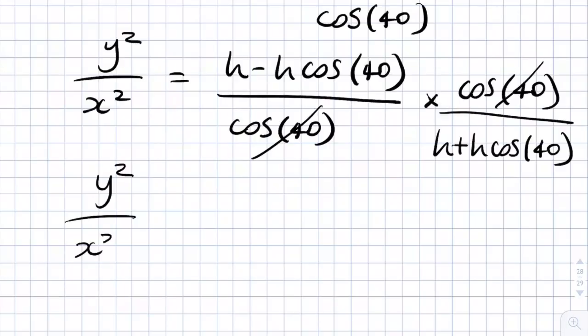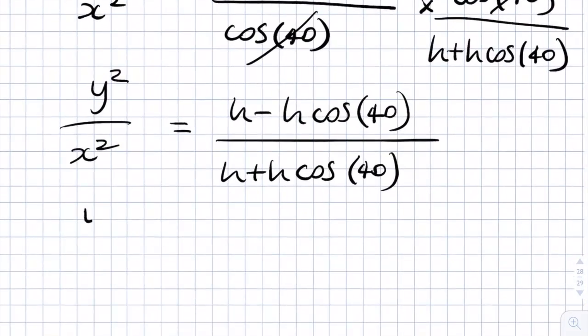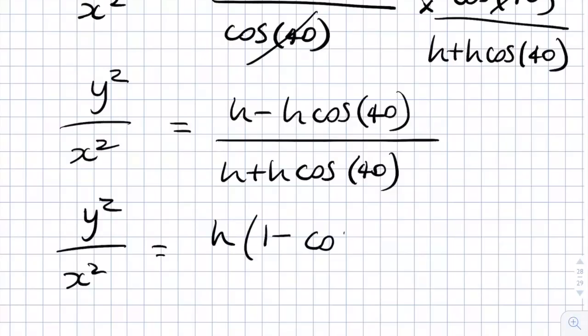And you're left with y squared over x squared equals h minus h cos 40 all over h plus h cos 40. And what you should notice is that there is a common factor of h, which is what we want, because we don't want h within our expression, because h was just a variable that we created.